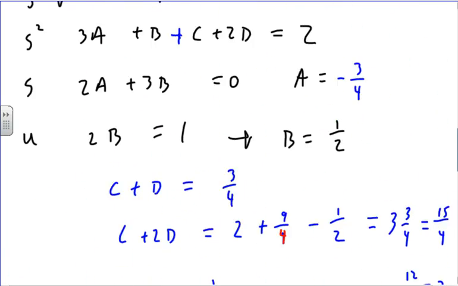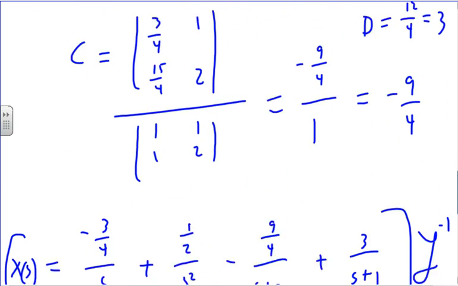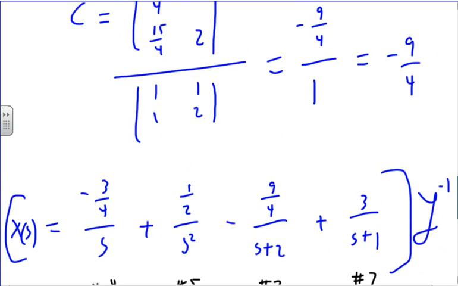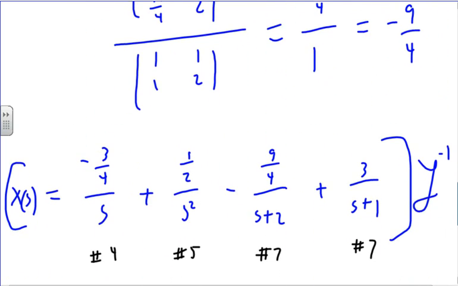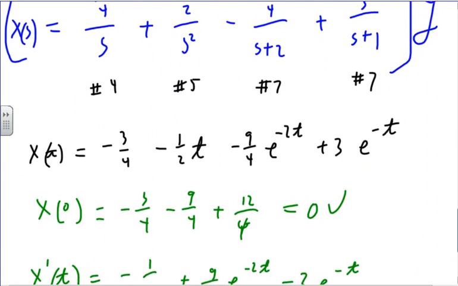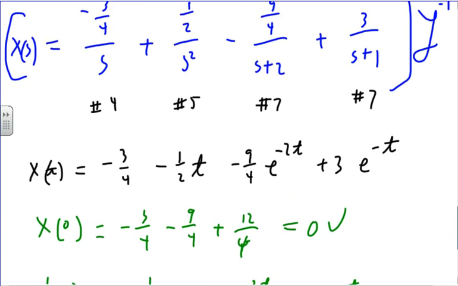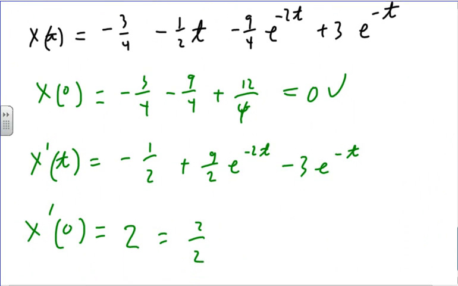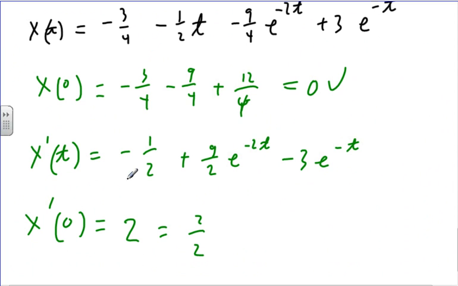A is minus that, B is that, C is that, D is that. First guy checks. I take a derivative. That's right. I take the derivative, put it out in front, plus 9 over 2. 9 over 2.